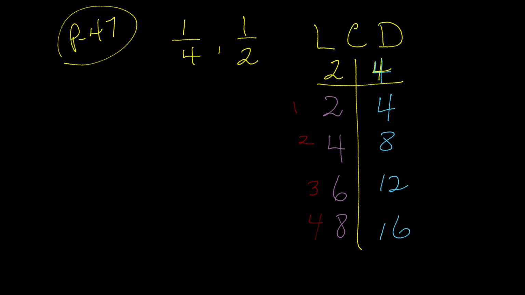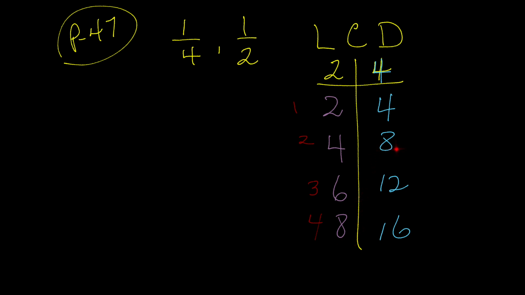Now, what is the least common multiple? Whatever that common multiple is, it is a number that is divisible by both 2 and 4. So if we look over here, we can see that 4 is a common multiple, but hey, so is 8.